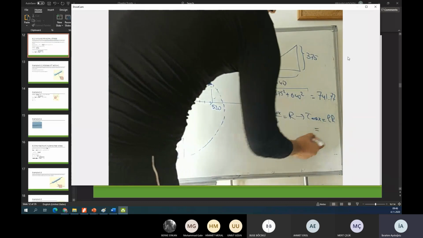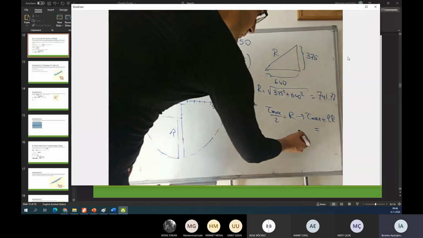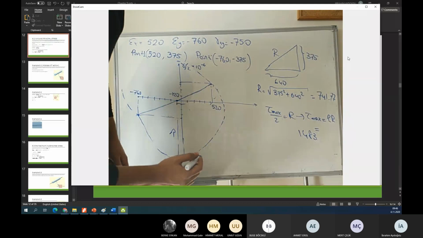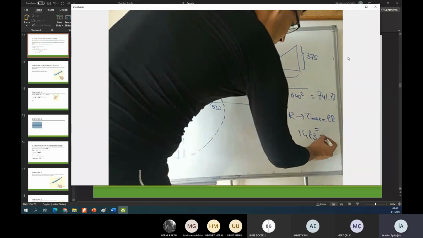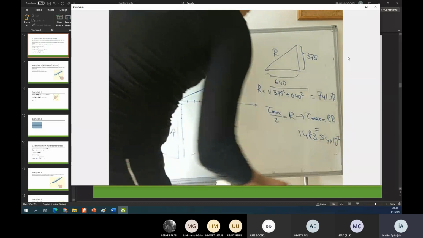So this is equal to, what is this, 1483.54. Also, don't forget, times 10 to the power minus 6.